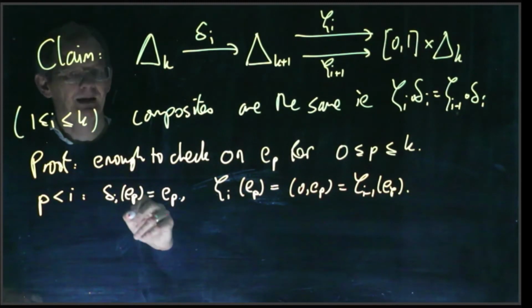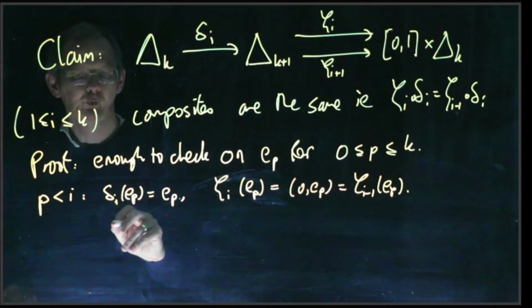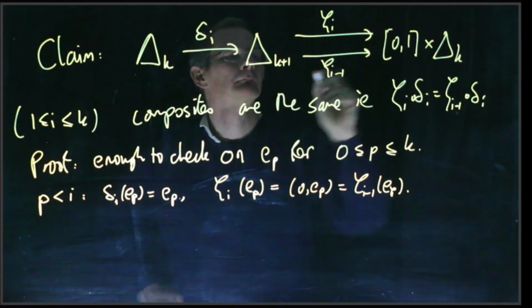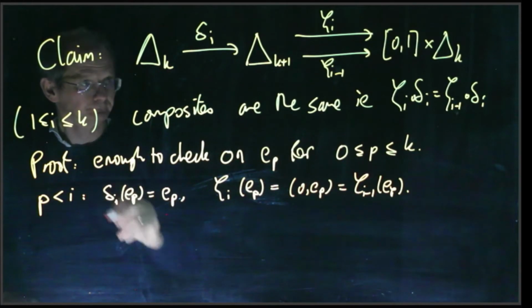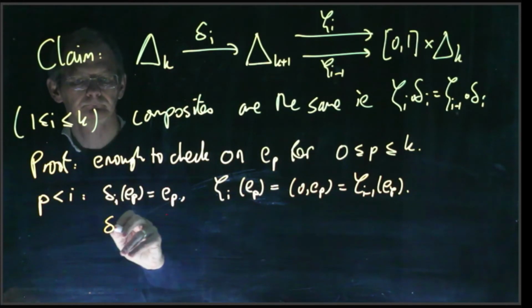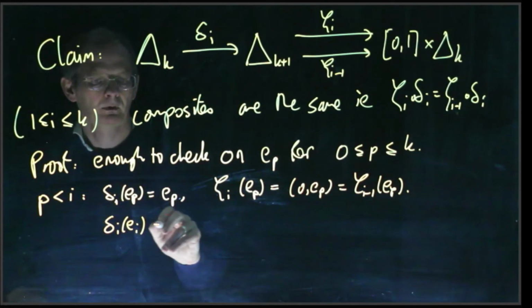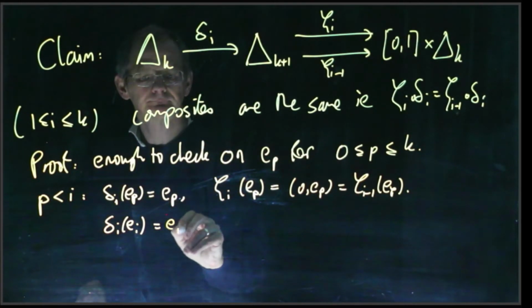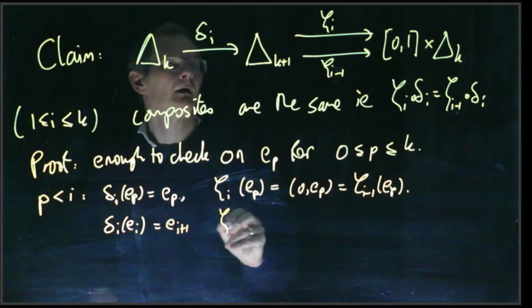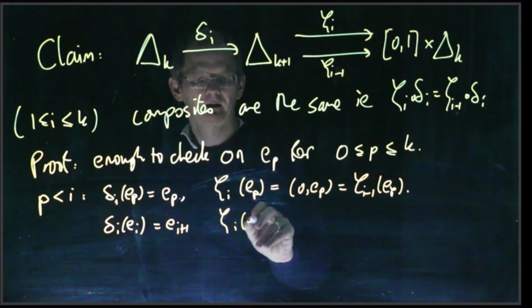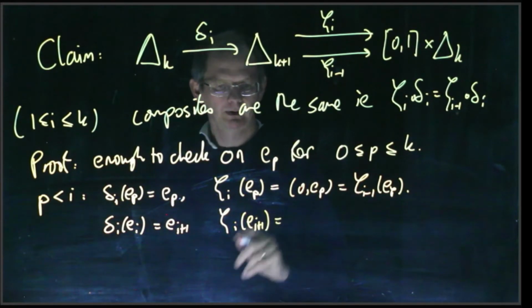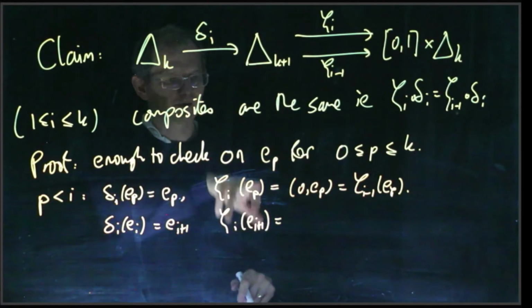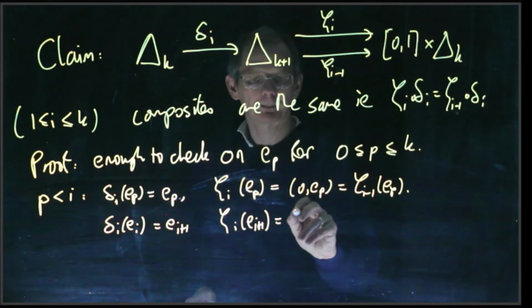So then, what about EI? Delta I of EI is EI plus 1, and then zeta I of EI plus 1. Now we've gone past the EI, so we're going up to the top.